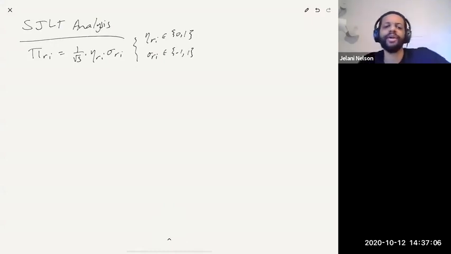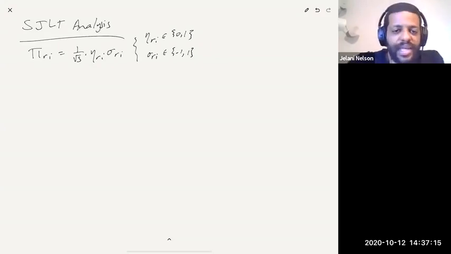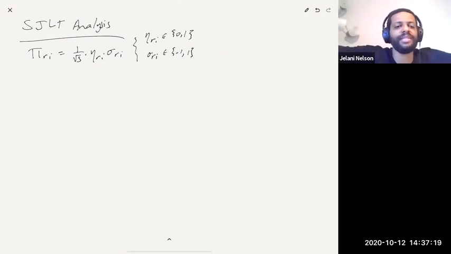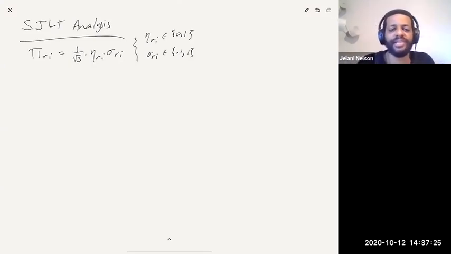This just makes it easier notationally to carry out the proof. What I want to imagine is that pi is a completely dense random sign matrix where the entries are sigma ri, but then I masked it with these etas. So if eta is a 1, I actually keep the sign. If eta is a 0, I zero out the sign, and I can express the matrix this way, right? Where eta is an indicator random variable telling me whether that entry is 0 or not. Does that make sense?